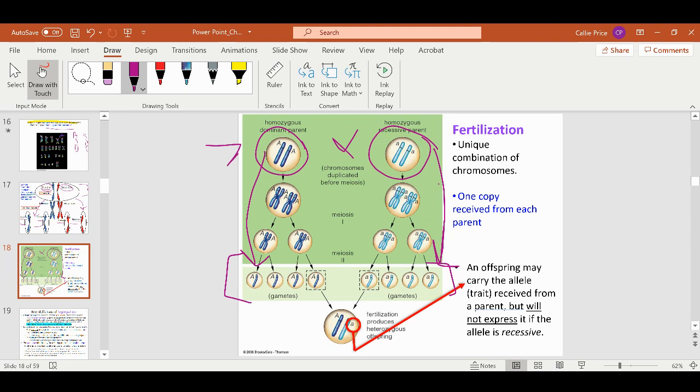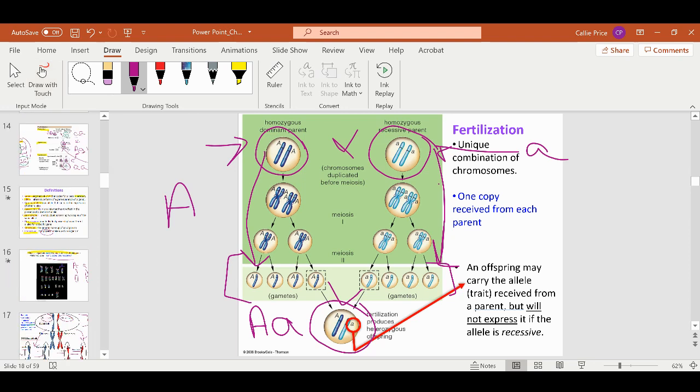This parent is only going to be passing on the allele for big A, whereas this parent is only going to be passing on the allele for little a. But when that egg and sperm come together, they make the zygote, which would be heterozygous, big A, little a.